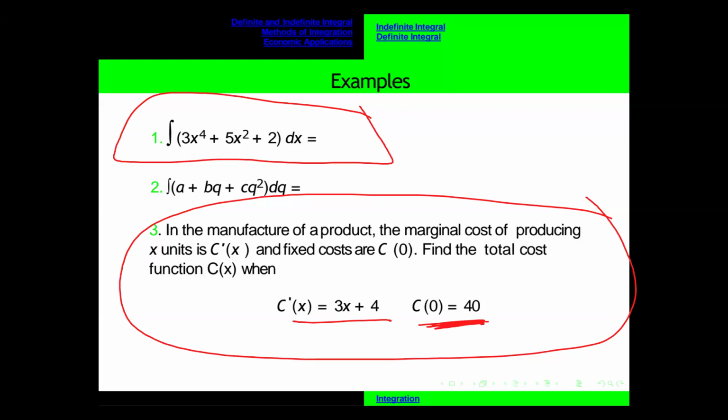Just integrate. This one is fixed because it is already fixed. Which means you're just integrating the other part and you create a total cost function. It's not hard.